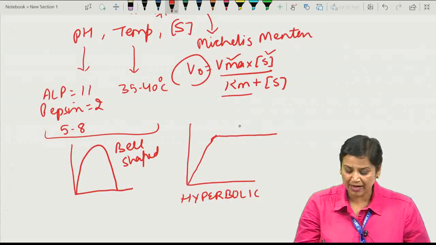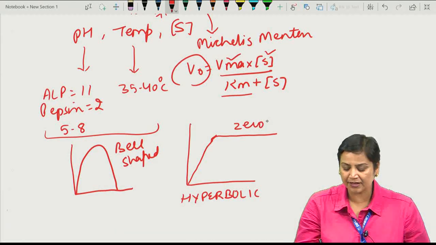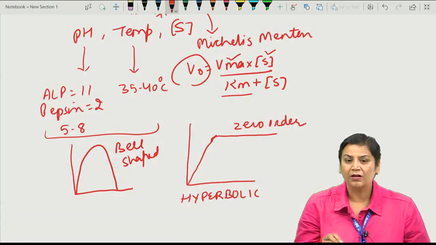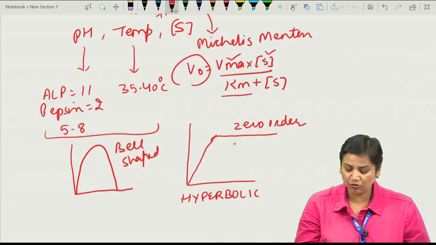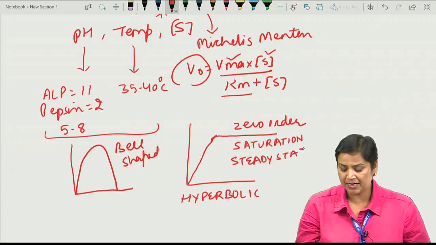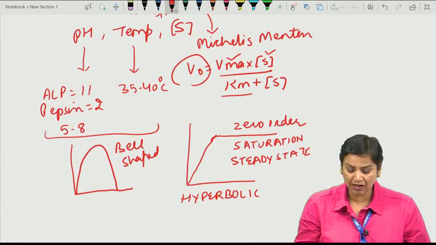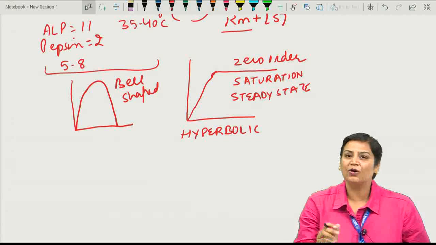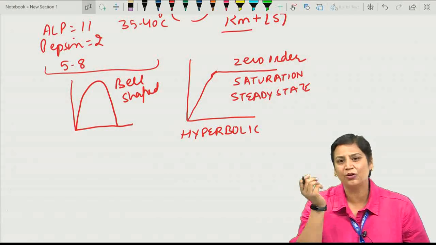At this particular point, it is going to attain a saturation state. This is also known as zero order kinetics. This is also known as saturation kinetics. And this is also known as steady state kinetics. Now see, why zero order? Because now enzyme and substrate are independent of each other.